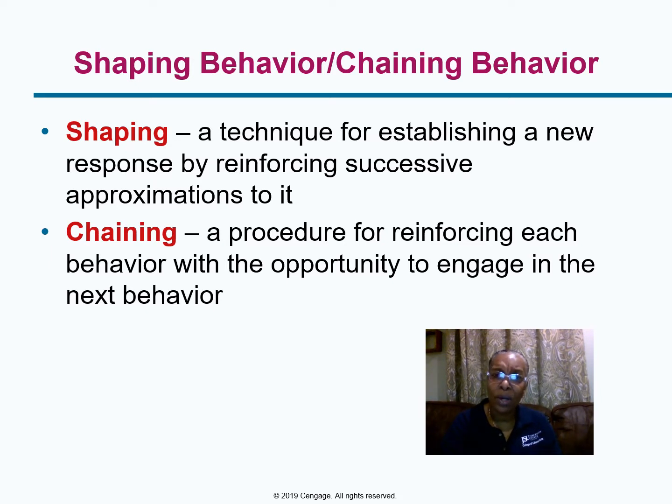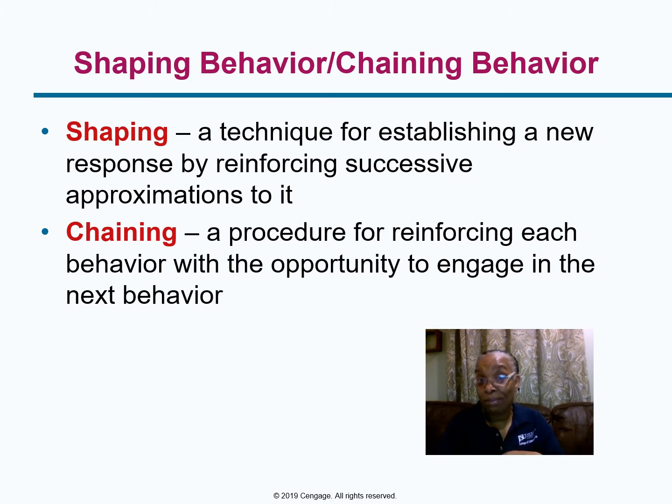Now, chaining is a procedure in which behaviors are reinforced with the opportunity to engage in the next one. An example: you might learn to eat with a fork and spoon when you're little. Then you learn to put your own food on the plate before eating.